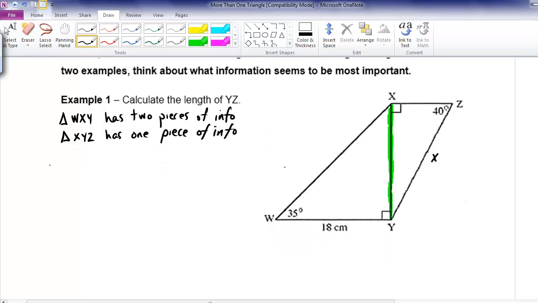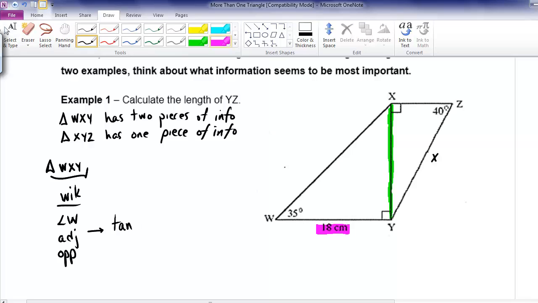So let's go ahead and do that. Let's look at triangle WXY, and I go through my logic. What do I know? Well, I know angle W. And relative to angle W, I know this side right here, and that side is adjacent to angle W. I want to know the green side, and that is opposite angle W. Right now, it should just jump into our heads with all the things we've done: SOHCAHTOA.